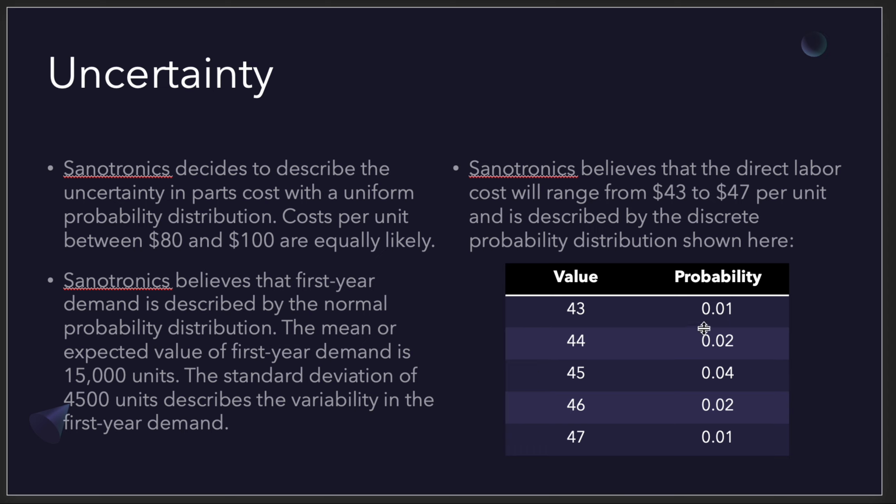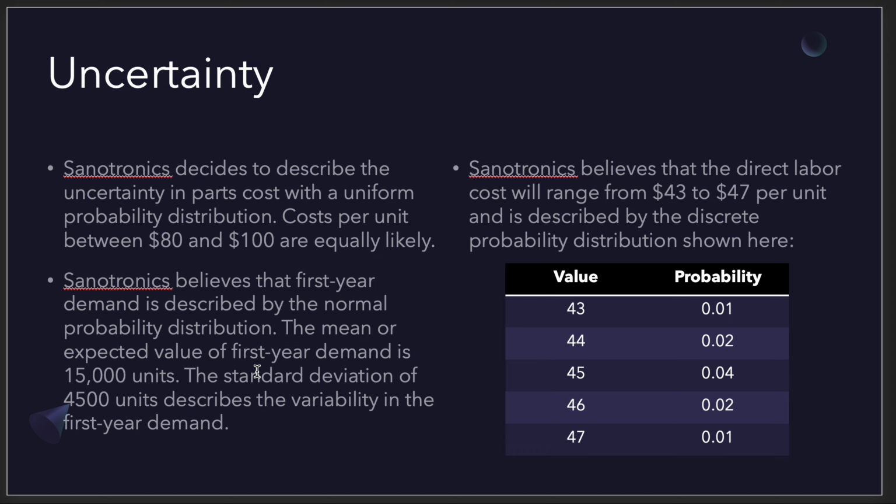So that's the probability distribution for labor costs. So these are the three different types of probability distributions that I want you to be able to simulate, and that I'm showing you how to simulate in this particular video. And yeah, so this is an example where we use all three. So we have a discrete distribution, we have a uniform distribution, and we have a normal distribution, right?